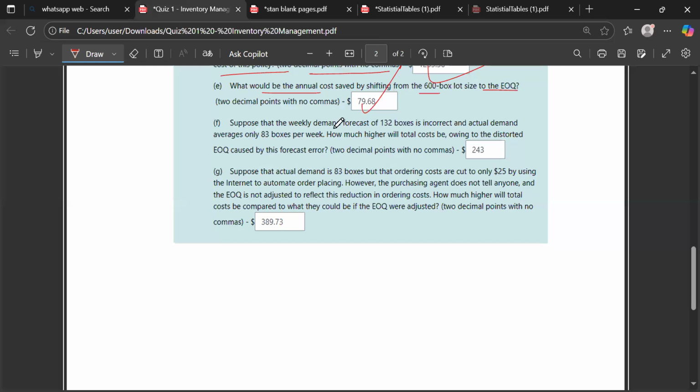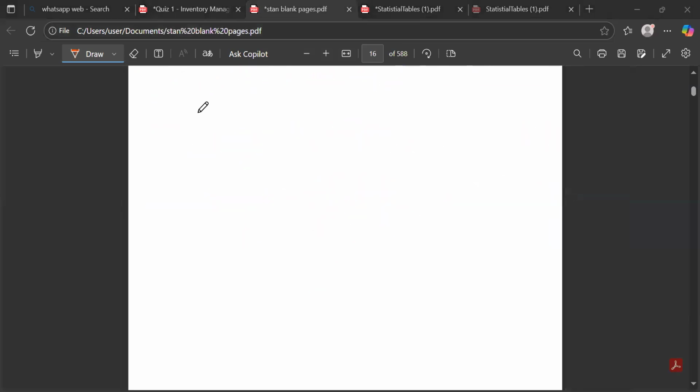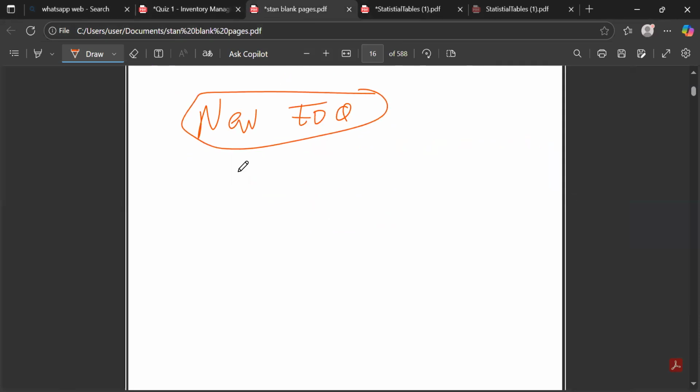All right, suppose that the weekly demand is, instead of 134, it was supposed to be 83. How much higher will be the cost owing to the distorted EOQ? So let us find the new EOQ at weekly demand of 83.